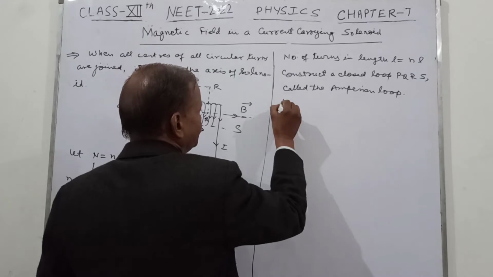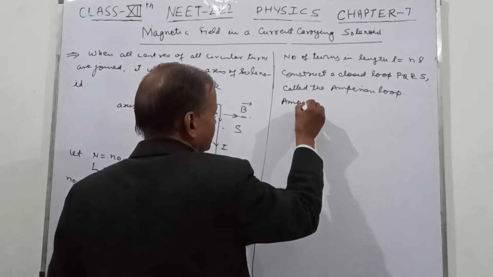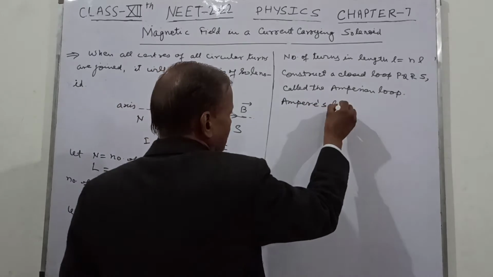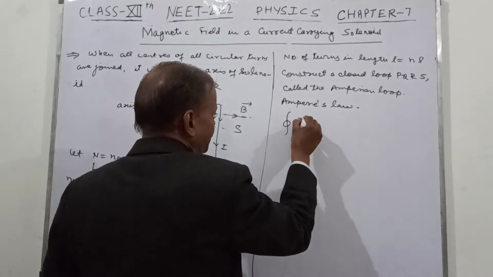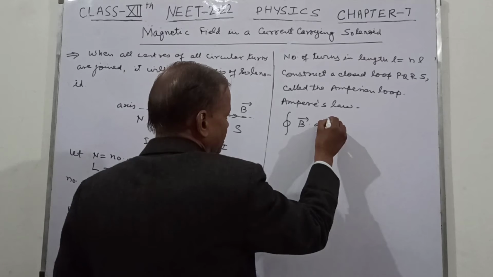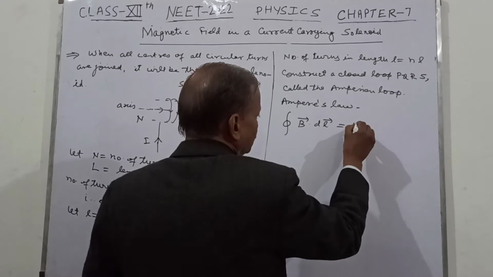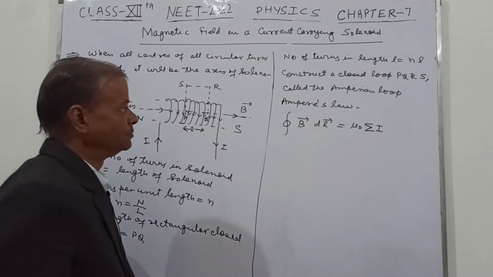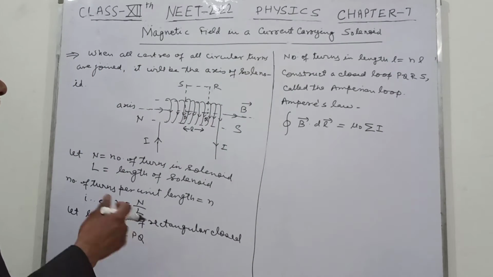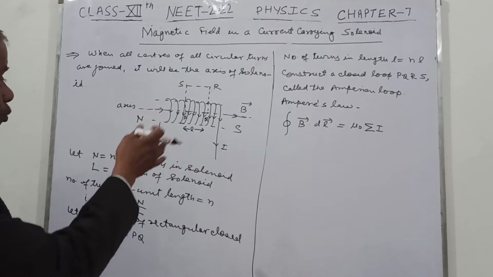So Ampere's law is this, B dot dl equal to mu naught summation I. This is the Ampere's law. That we will apply for this loop.